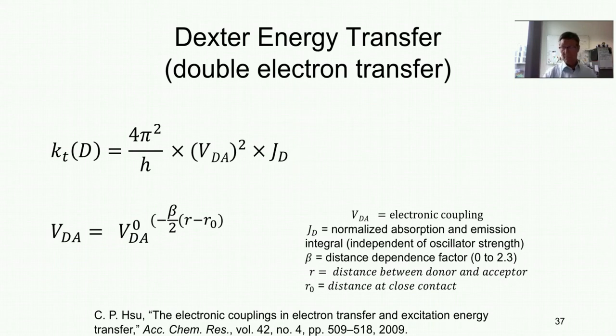Sorry, can I ask you something? Sure. About the attenuation factor. What does it really mean? Okay, we will get to that shortly, but it implies how fast the orbital overlap decreases with distance.